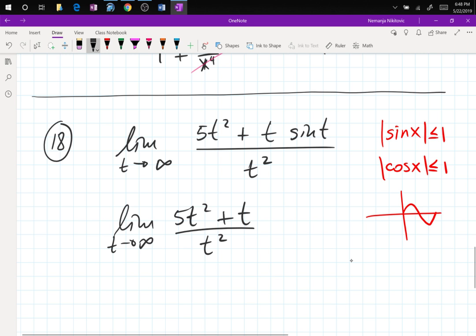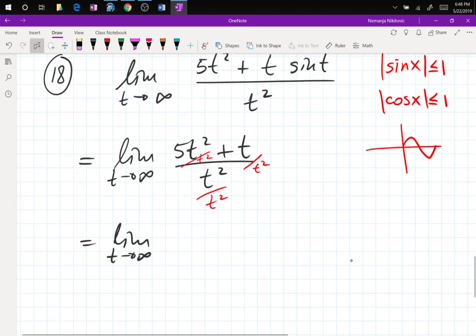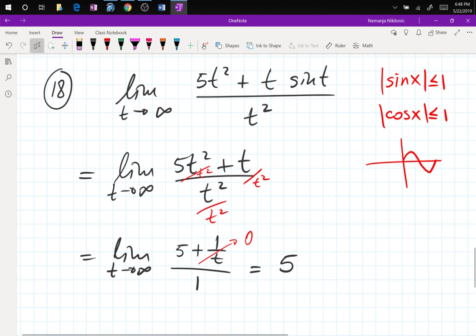And when you divide everywhere by t squared, that's our rule to solve these problems, we get 5 plus 1 over t, divided by 1. By the rule, 1 over t goes to 0, and the answer is 5. So this function would have a horizontal asymptote at 5, a horizontal asymptote that will be obeyed by the function at infinity.